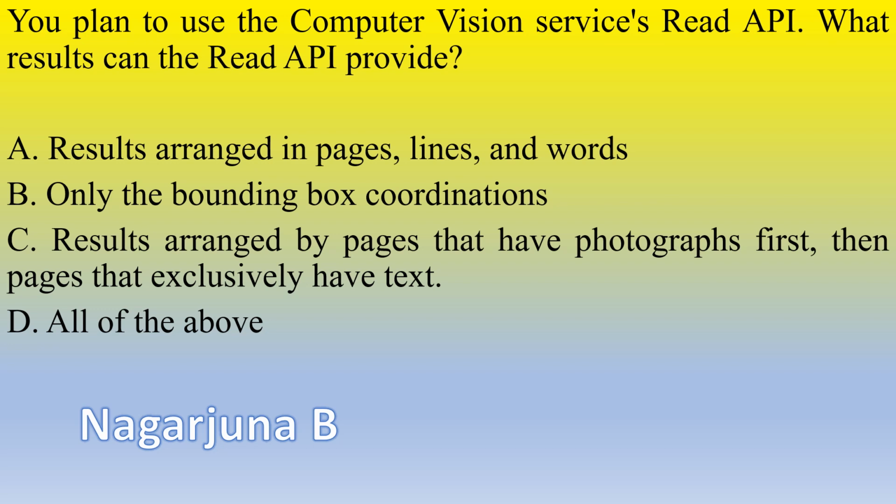C. Results arranged by pages that have photographs first, then the pages that inclusively have text. D. All of the above. The right answer is results arranged in pages, lines and words.